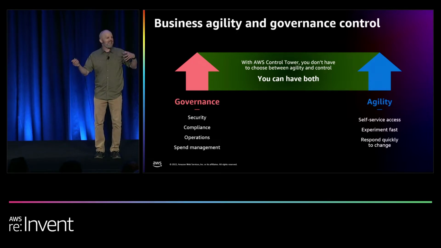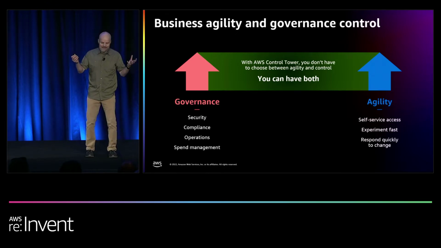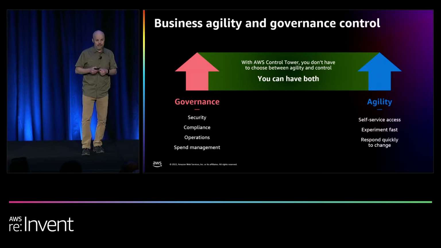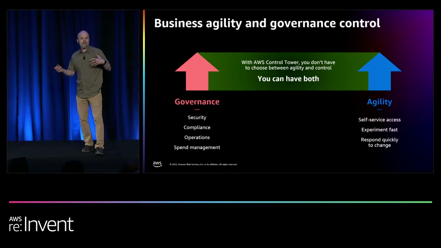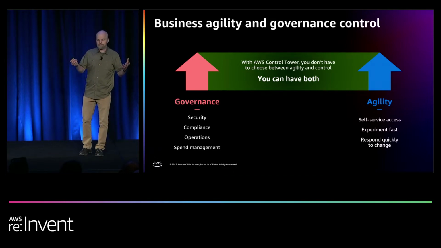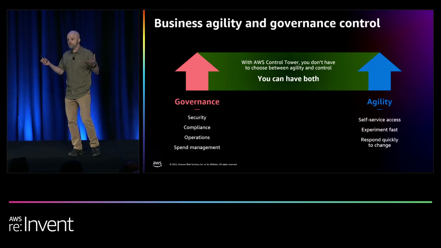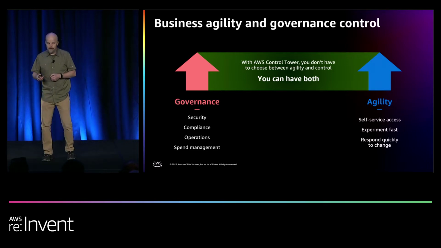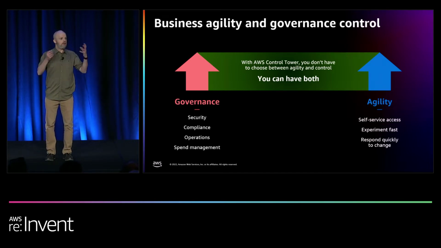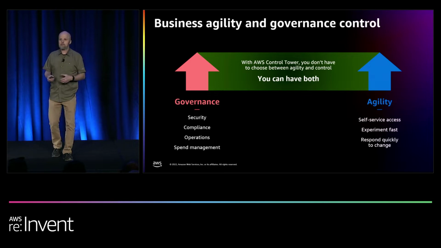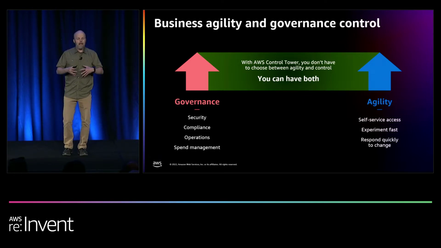On the one hand, you want the cloud. You want to have the ability to experiment fast and respond quickly to change. At the same time, you also want to stay secure, compliant, and within your budgets. So how do you do that? The idea behind Control Tower is to give your builders, your internal users, safe environments to work in.